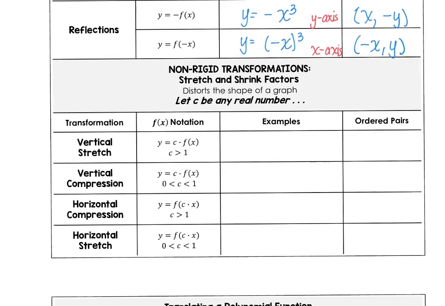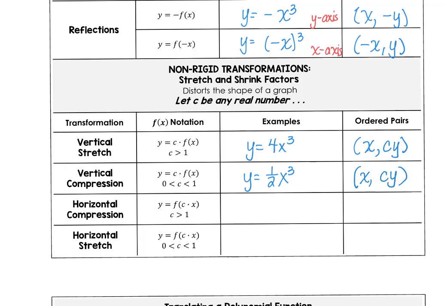In the non-rigid transformations, they're going to distort the graph and change the shape of the graph. So here let's think about if we have an example, say y equals 4x cubed. We're keeping the x and multiplying our constant times the y value. When y equals 1/2 x cubed, because our constant is a fraction, some number between 0 and 1, then we're keeping the x and multiplying the y, in this case, by 1/2.